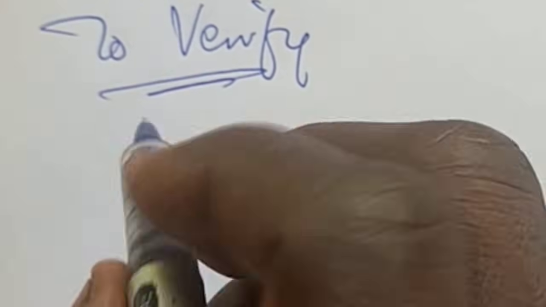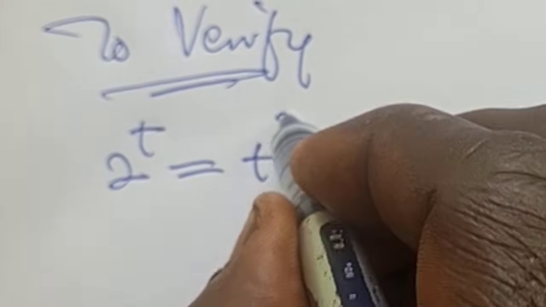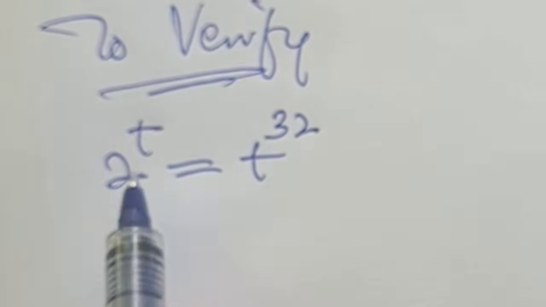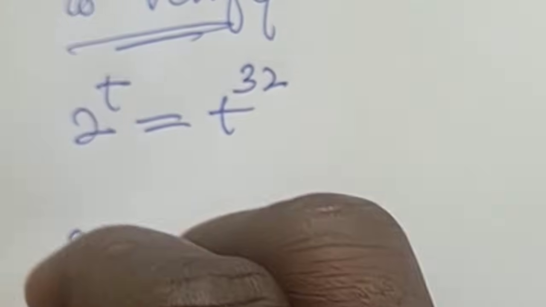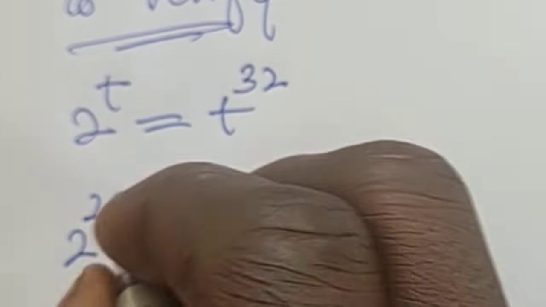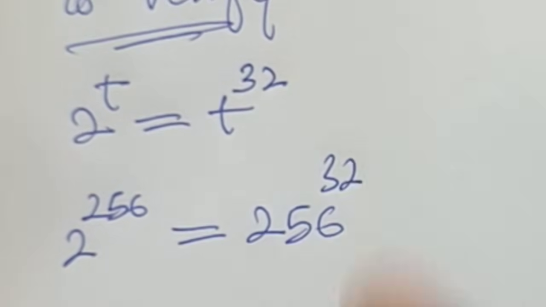And to verify this, in the original equation, 2 to the power of t equals t to the power of 32. So in place of t, we're going to replace it with 256. So 2 to the power of 256 equals 256 to the power of 32.